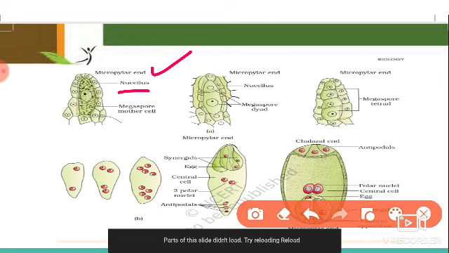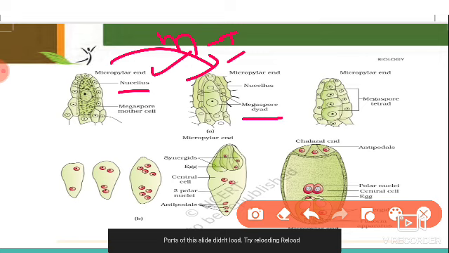At that time what happens? The cell present nearer to the micropyle will undergo meiotic division, or meiosis 1, and there is a formation of two megaspores.